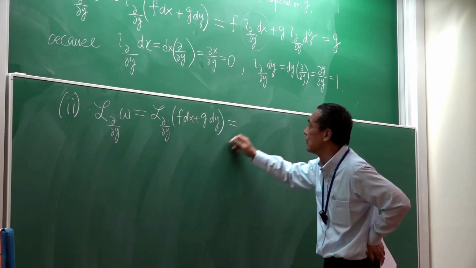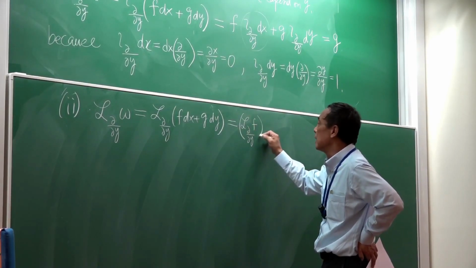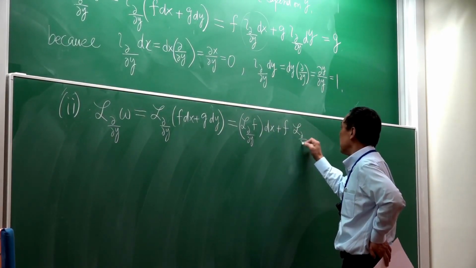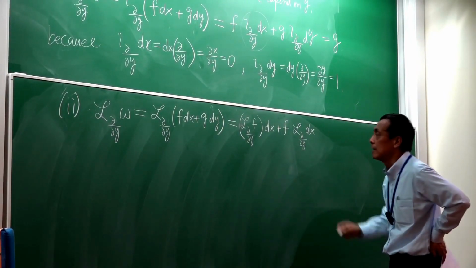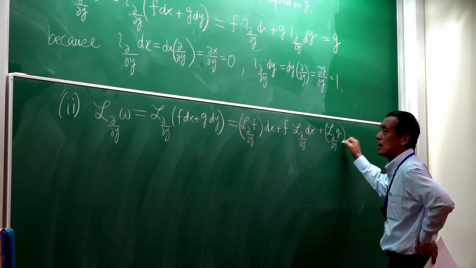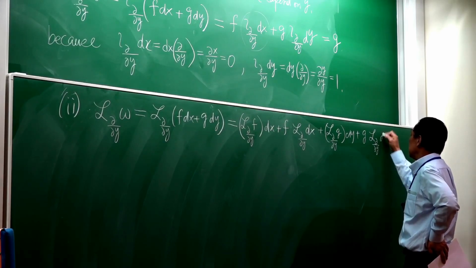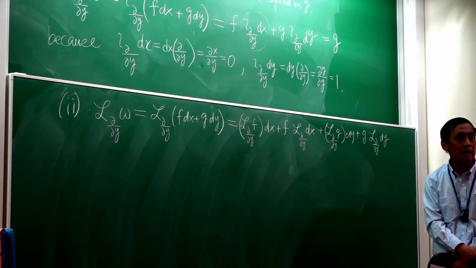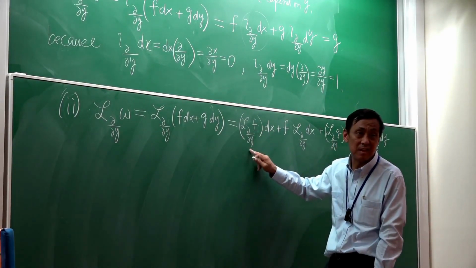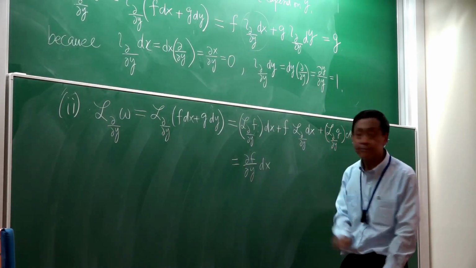It's a derivation, so you're going to get L_{d/dy} f dx plus f L_{d/dy} dx, plus L_{d/dy} g dy plus g L_{d/dy} dy. And the Lie derivative of a function is just the derivative. So this is df/dy dx.